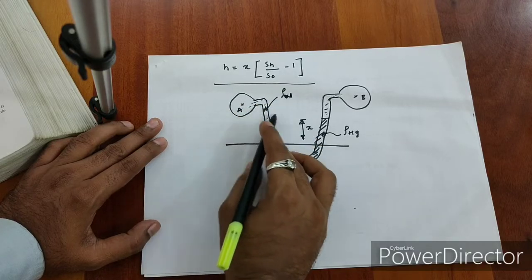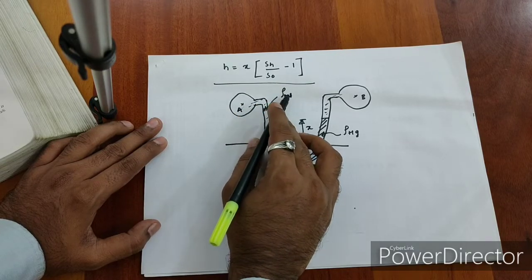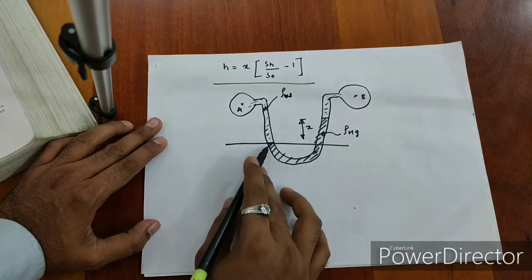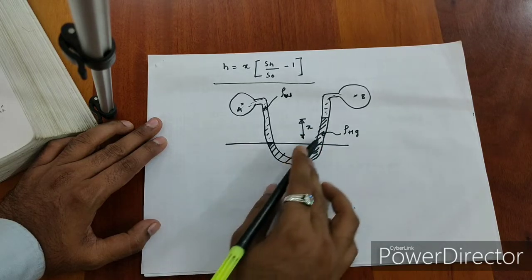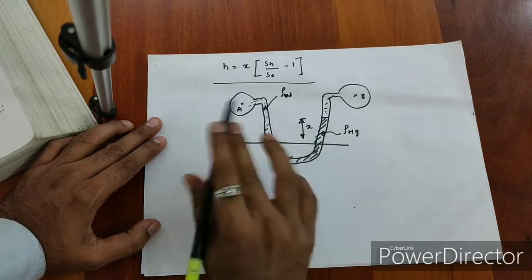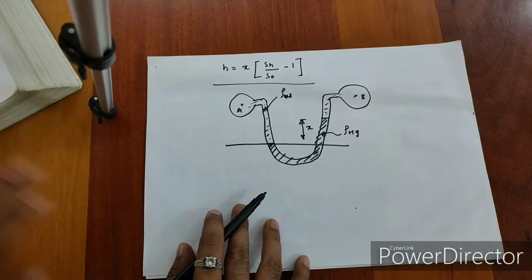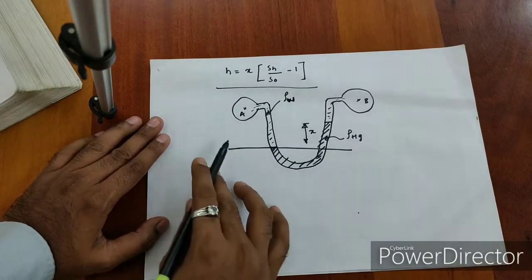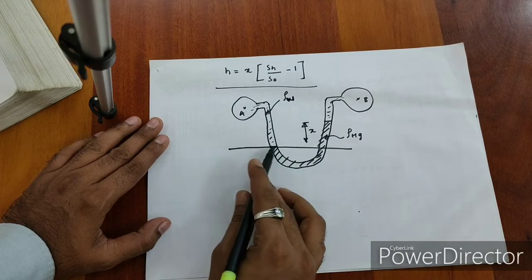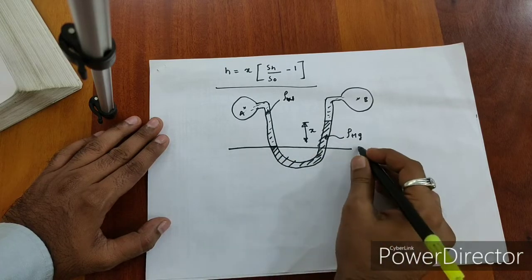The density of water is rho W, and the density of the heavy liquid mercury is rho Hg. I will take the lower level of mercury as a datum.